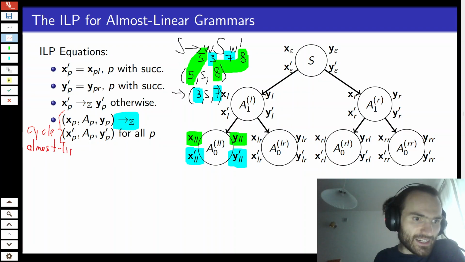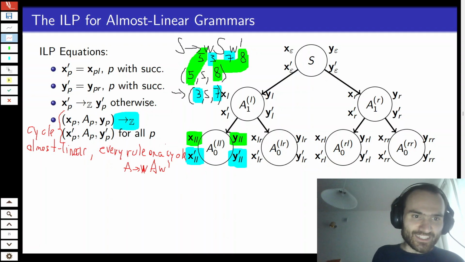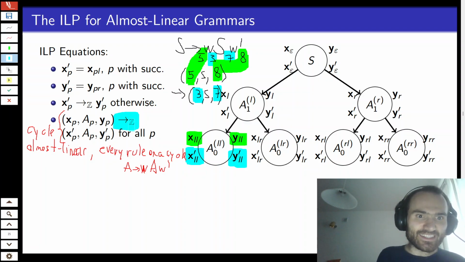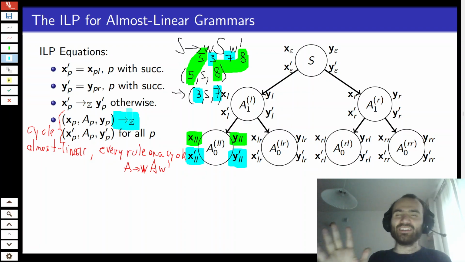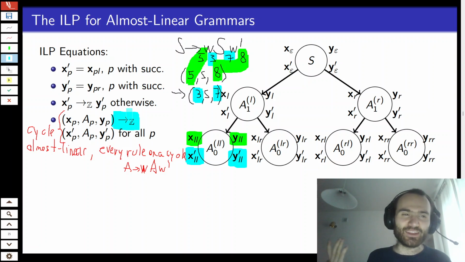In an almost linear grammar, every rule on a cycle is of the form A goes to W A W prime. This is literally the definition of an almost linear grammar. So this means that when I say here Z reachability, this is just Z reachability in a VASS. So for this I can just give a list of equations.